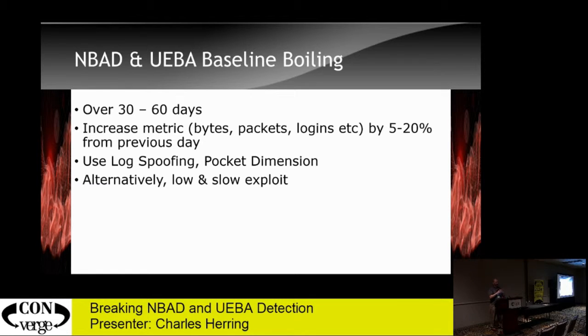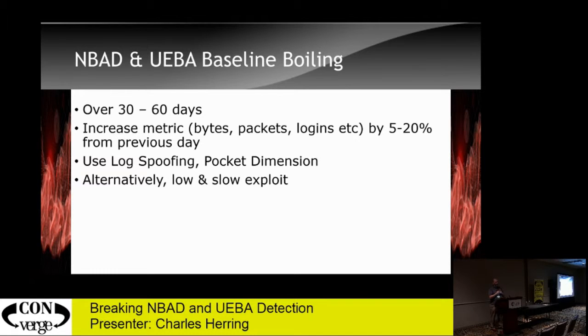But the idea there is if you need to do long-term systemic exfiltration or staging, you're going to want to boil the set metrics by spending 30 or 60 days slowly incrementing up the byte count. So download a meg, 2 megs, 5 megs, 10 megs until you get it up to the level you need for exfiltration. Alternatively, most baselines do not, or most counters for a given period do not exceed a 24-hour period.